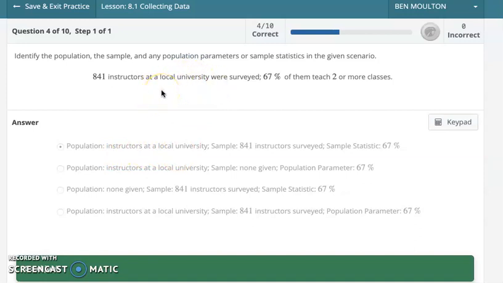And we're going to have a sample of 841 of them that were surveyed, so that's our sample. That's easy enough. The tricky part might be to figure out whether it's a sample statistic or a population parameter. Well, we're taking a sample of that 841 instructors, so that's how I knew it was a sample statistic. So hopefully that'll help you guys out.